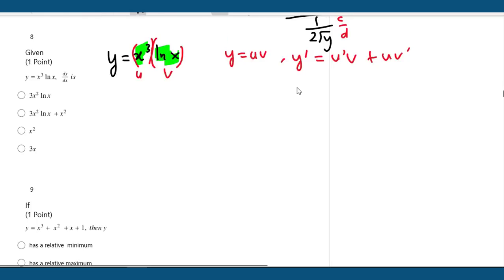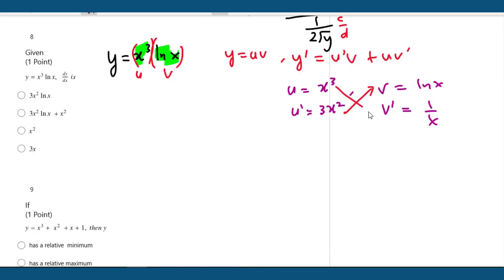So find u. u is equal to x cubed. v is equal to ln x. u prime, or du/dx, is equal to 3x squared. v prime, or dv/dx, is equal to 1 over x. Now, u prime times v, plus u times v prime.